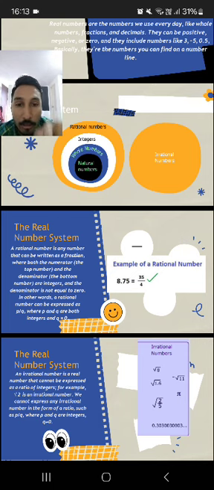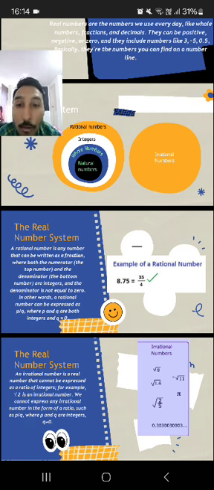As you can see on your screen, we have 35 and 4, with the division line between them. On the top we have 35, so 35 is the numerator, and 4 is called the denominator because it's below the division line.